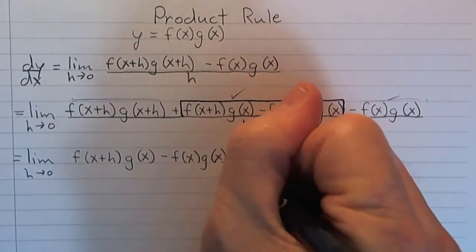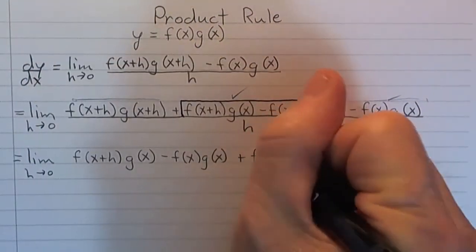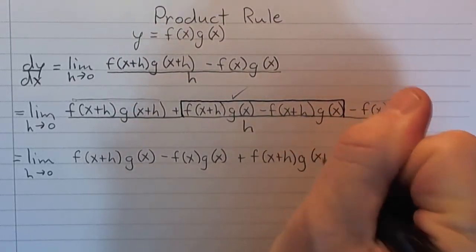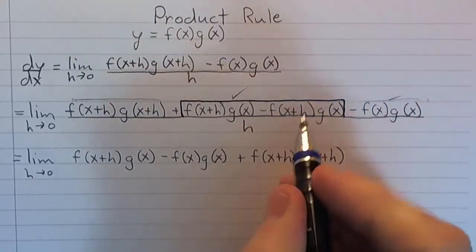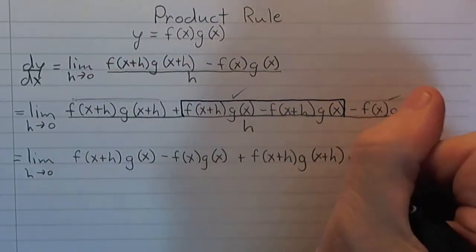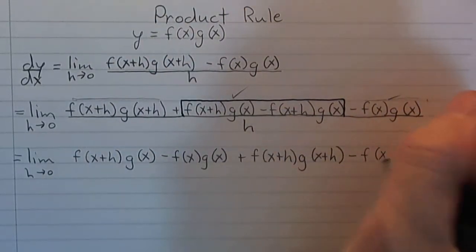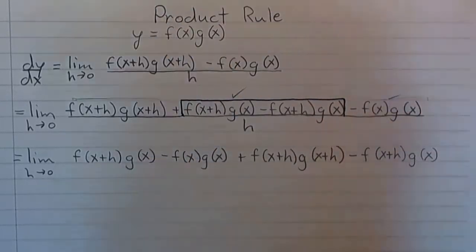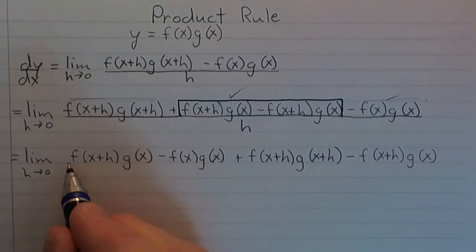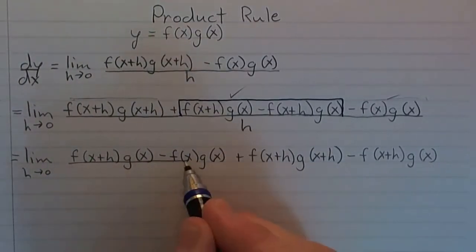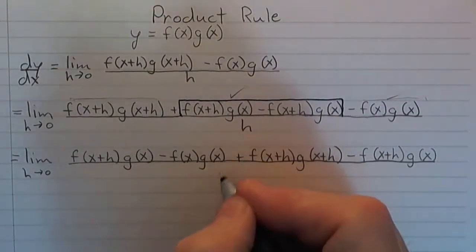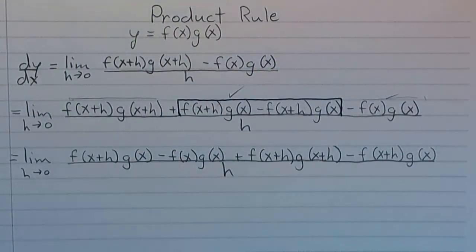So I've got this one, f of x plus h, g of x plus h, minus this part. I just did a little bit of harmless regrouping there. And that was the whole purpose for me adding that 0.